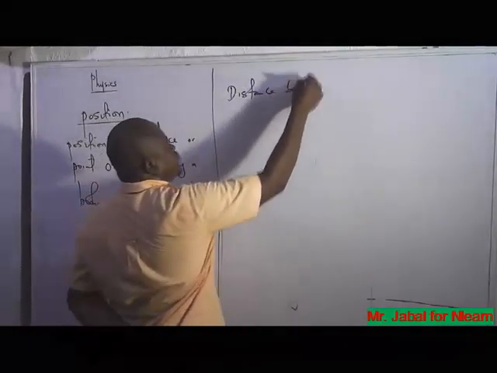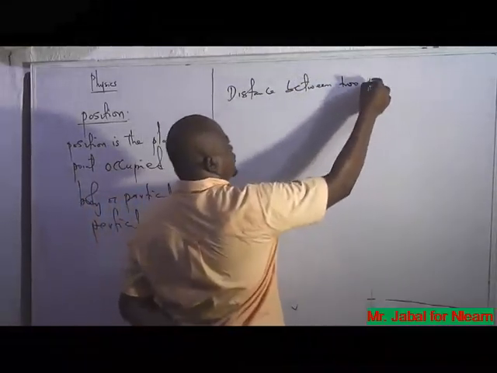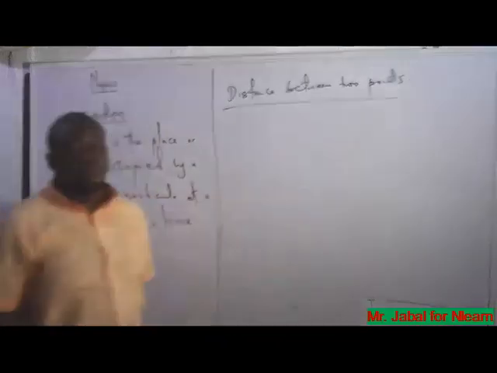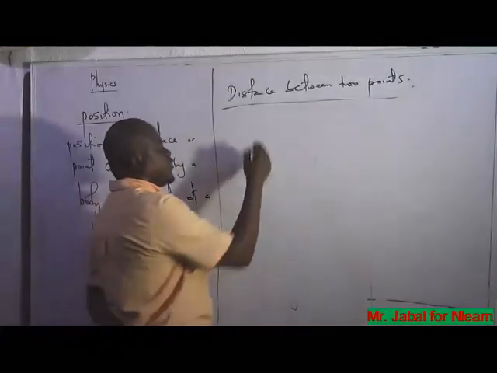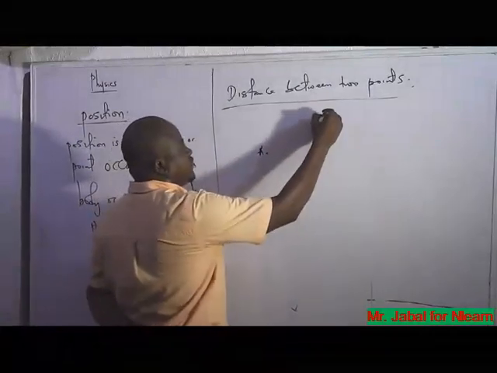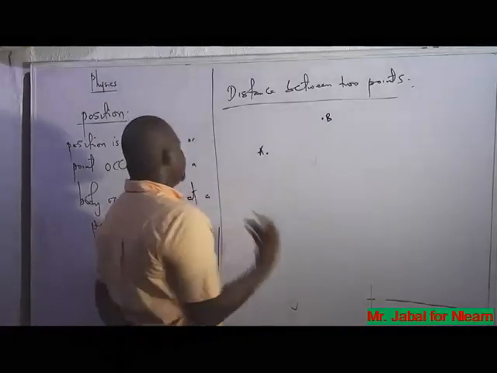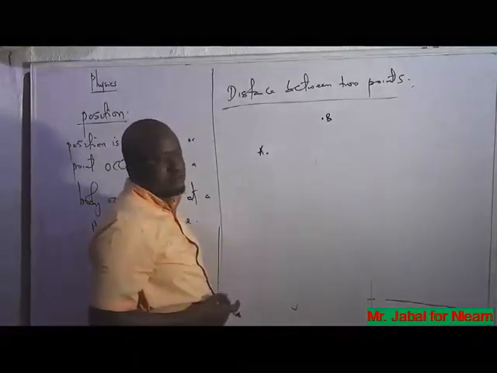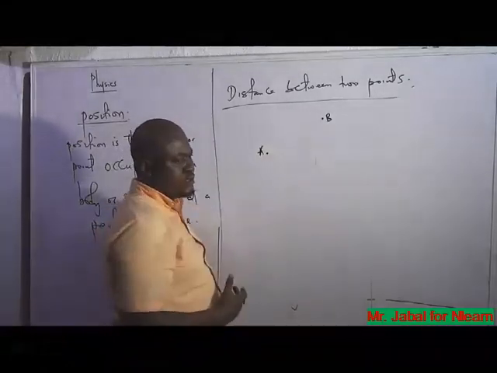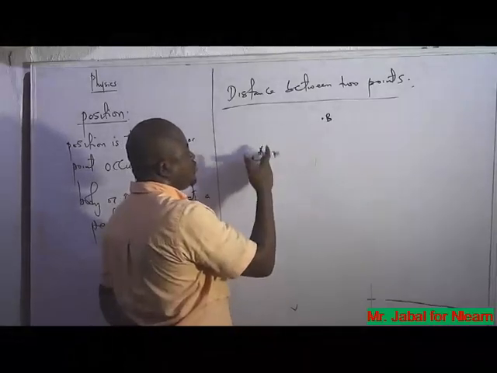For example, I have a point here, A, and I have another point here, B. I want to locate their position, position A, position B. The first thing is that I have to find the distance between point A and point B.